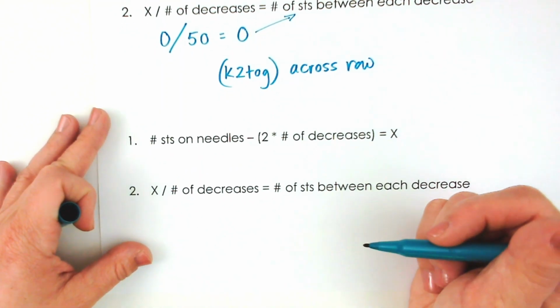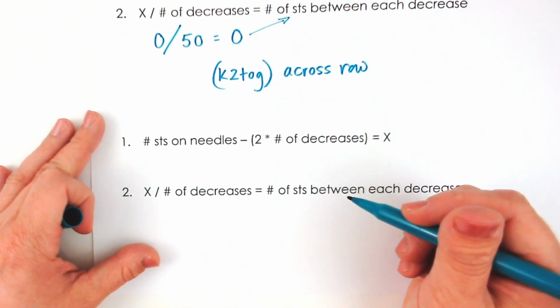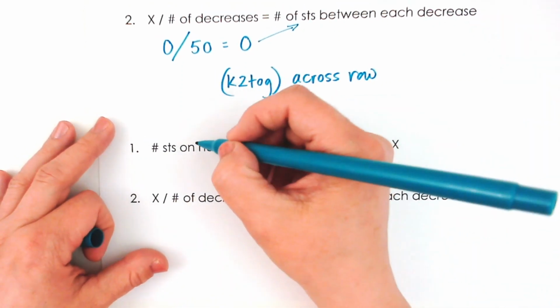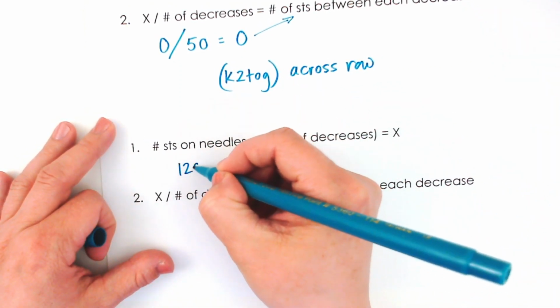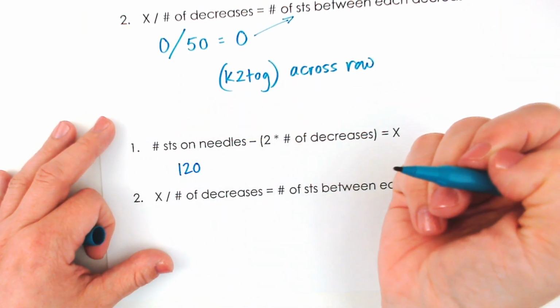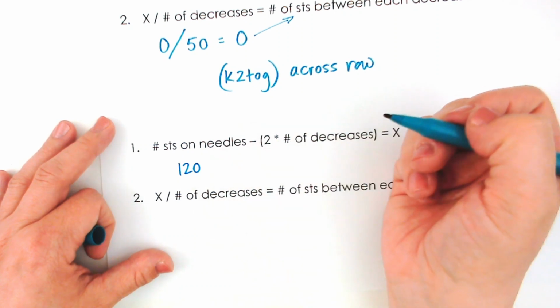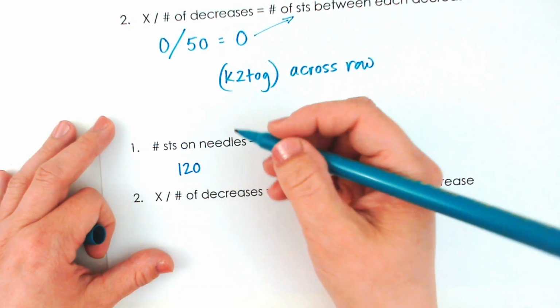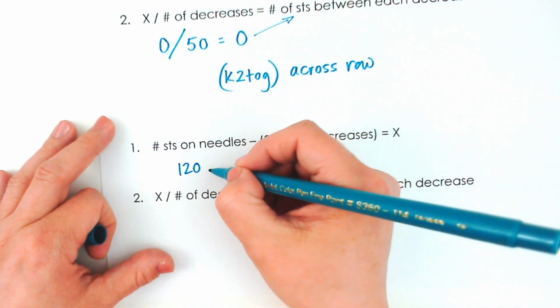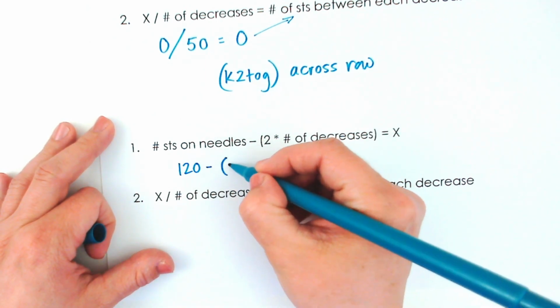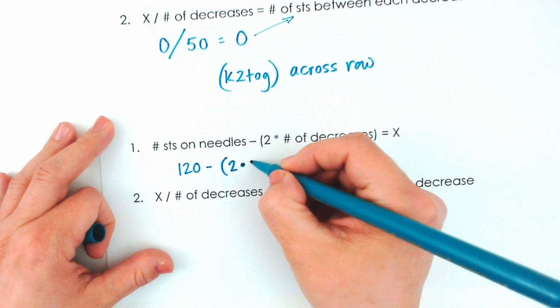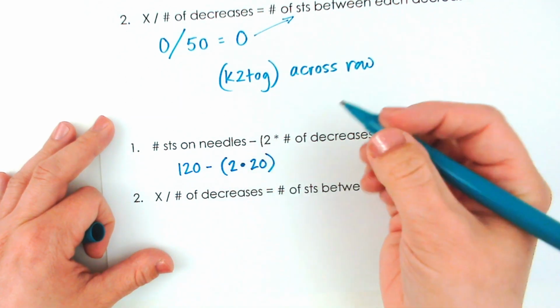All right. Our second example. Let's go with 120 stitches on the needles. And our pattern asks us to end with 100 stitches. So we need to decrease 20. So 120 minus 2 times 20, which is 40.